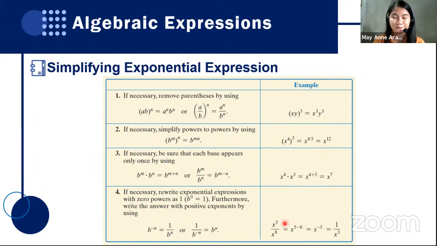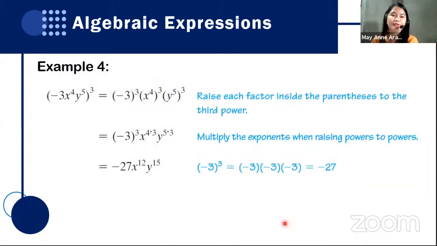Example: we have negative 3 times x raised to 4 times y raised to 5, and all of it raised to 3. We can now distribute the exponent 3 to each of the terms. So you have negative 3 raised to 3, x raised to 4 then again raised to 3, and y raised to 5 raised to 3.